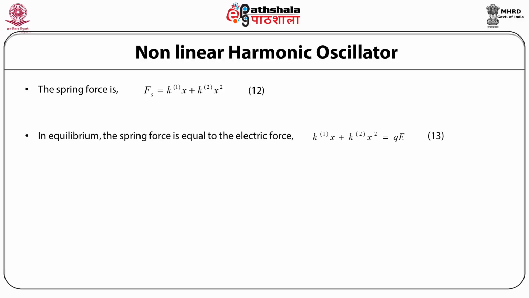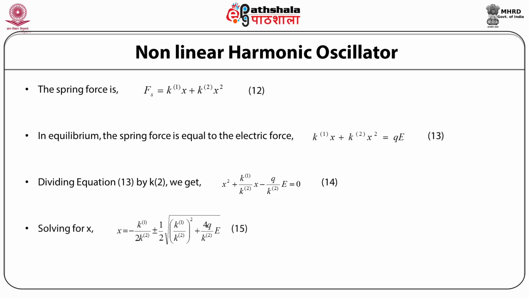In equilibrium, the spring force is equal to electric force, so that K1x plus K2x square is equal to Q multiplied E. Now dividing the equation by K2, we get x square plus K1 divided by K2 x minus Q divided by K2 multiplied by E is equal to 0.